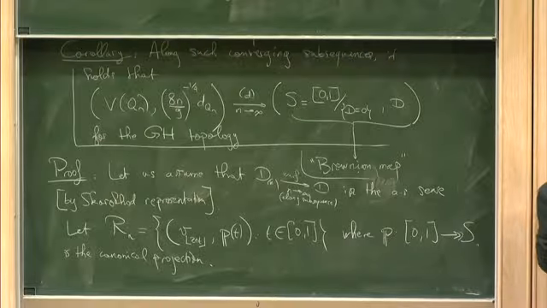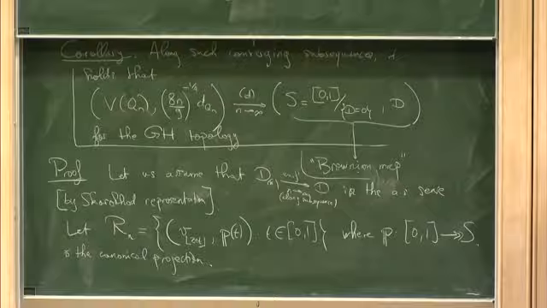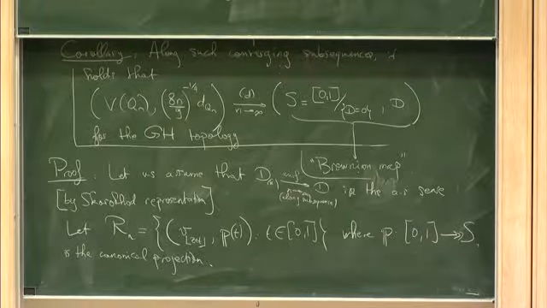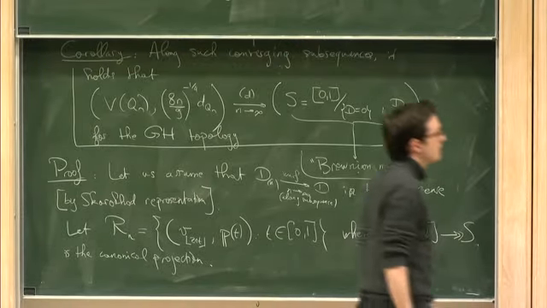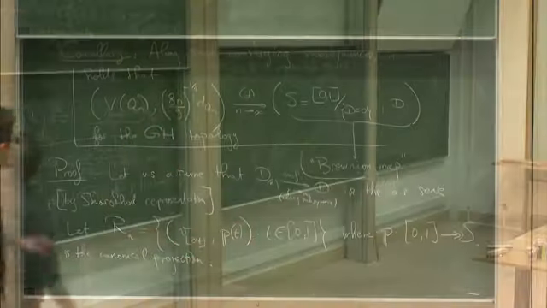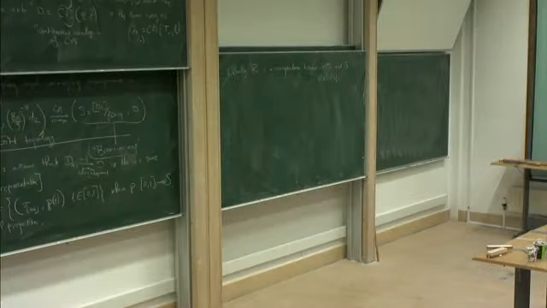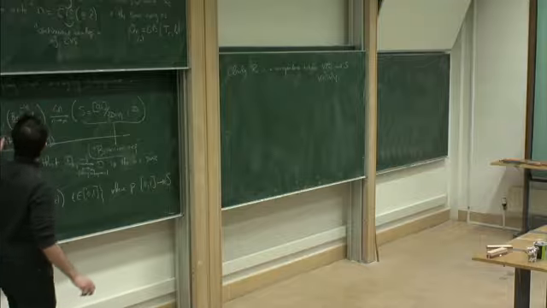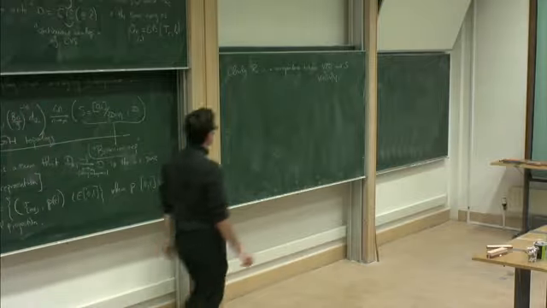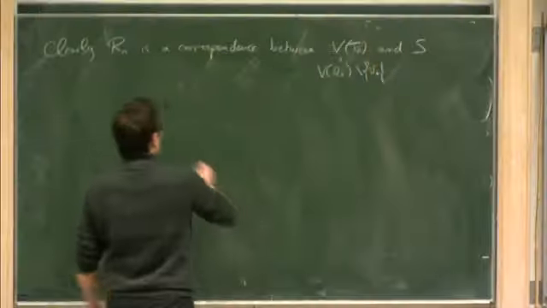So clearly, Rn is a correspondence between V of Tn and S. And V of Tn, I want to view that as V of Qn except the vertex v star. In order to show Gromov-Hausdorff convergence, we should have a correspondence between the full set V of Qn, but this is really irrelevant here.